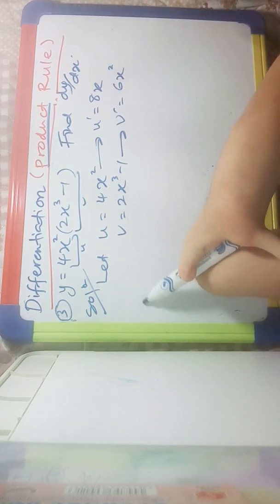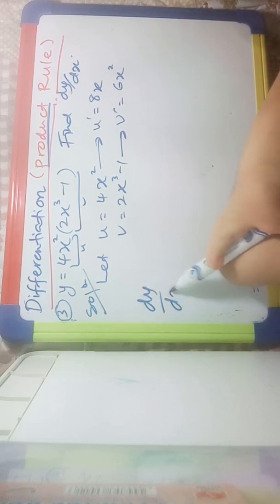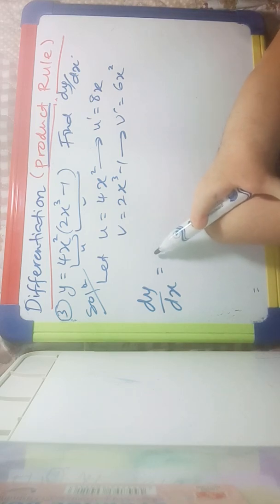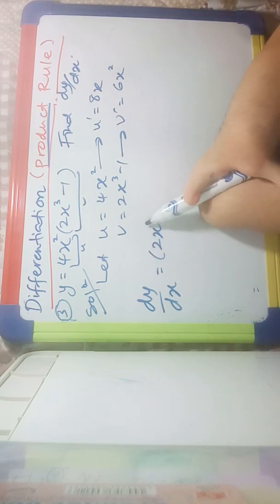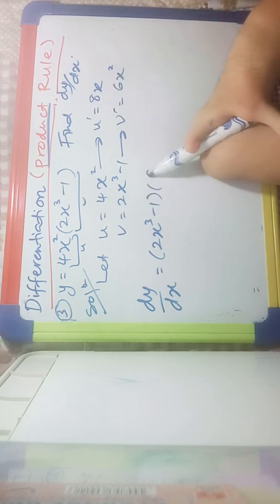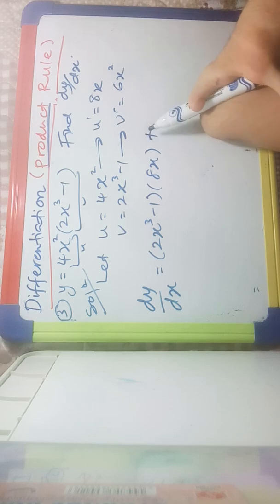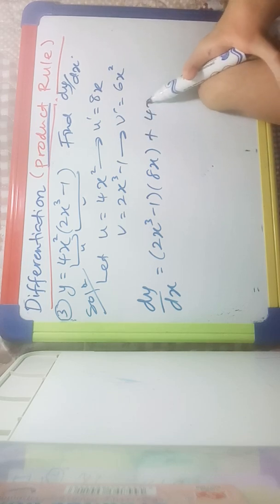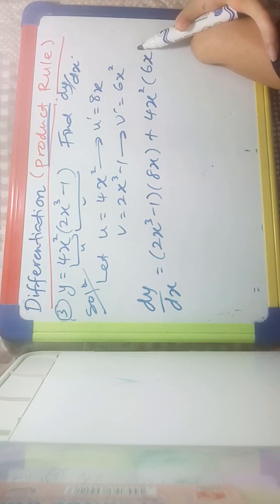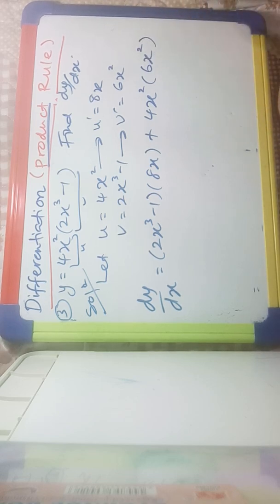So I will use the formula. So dy over dx. The formula says v du dx plus u dv dx. So v is 2x cube minus 1. du dx is 8x, plus u dv dx. u is 4x square, and then dv dx is 6x square.